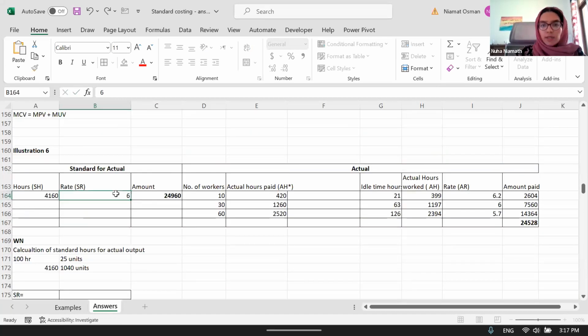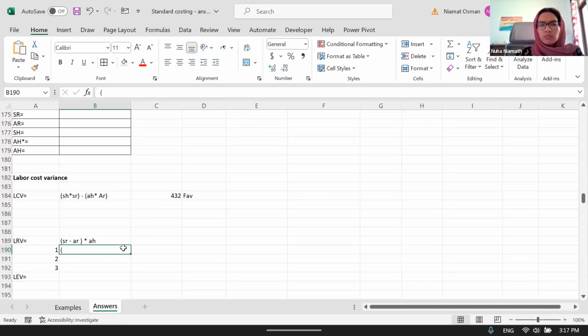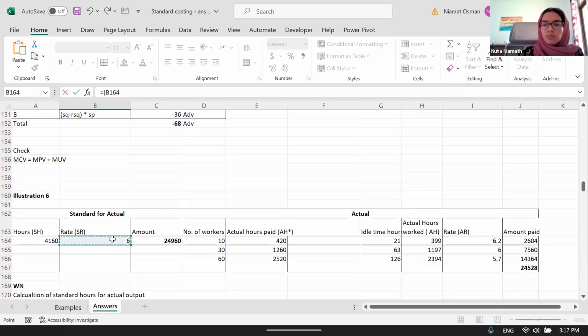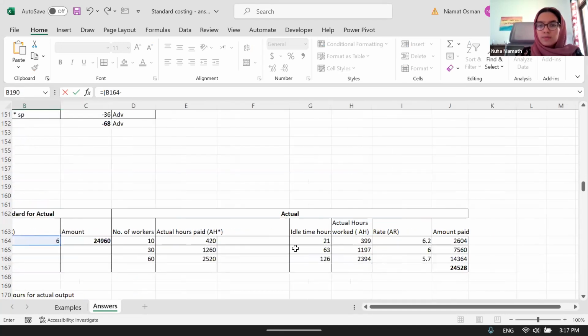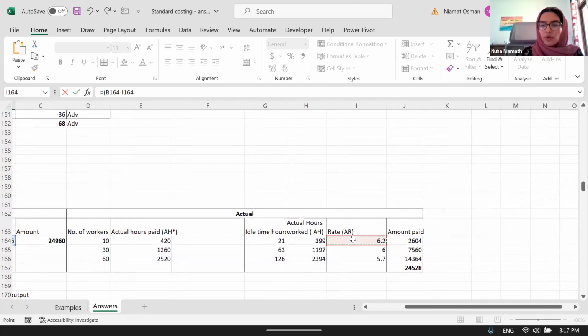First one, 6 minus 6.2, that is 0.2, into which AH? AH worked or AH paid for rate variance? Correct.